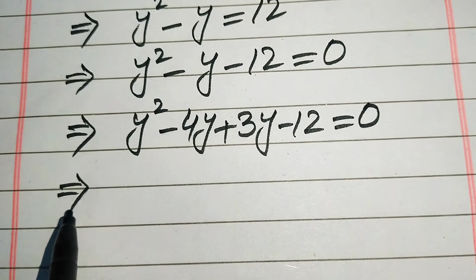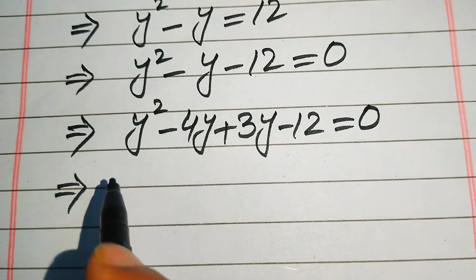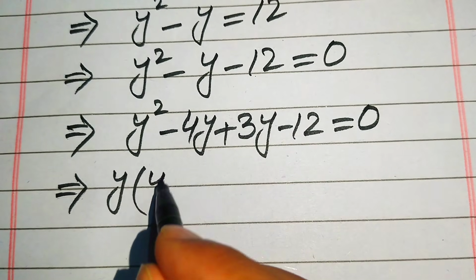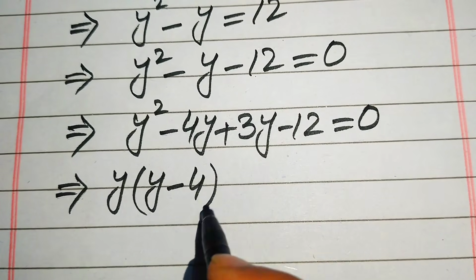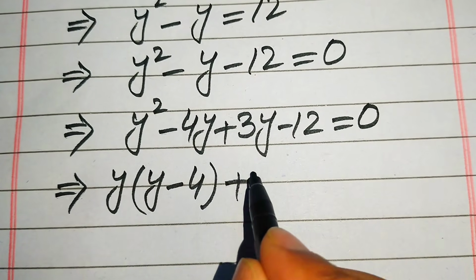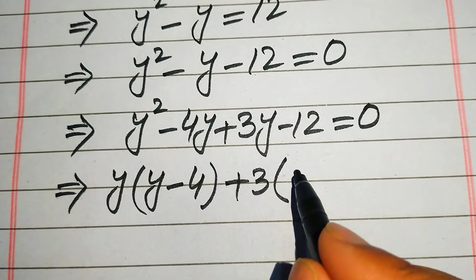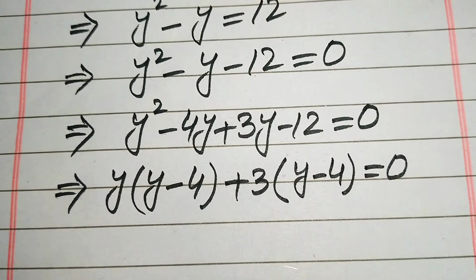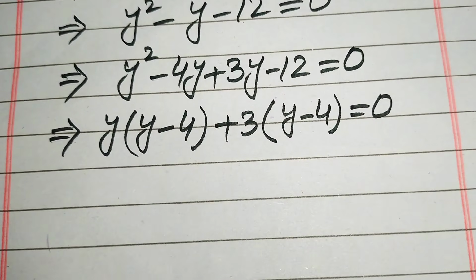And now further in the next step, you see that both of these two terms involve y, so we take common y from here, and the remaining values are y minus 4, and from here we take common plus 3, and we get the remaining values y minus 4, and this whole equation is equal to 0.